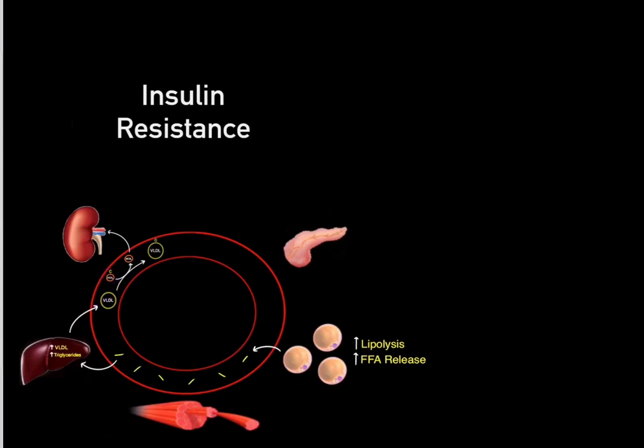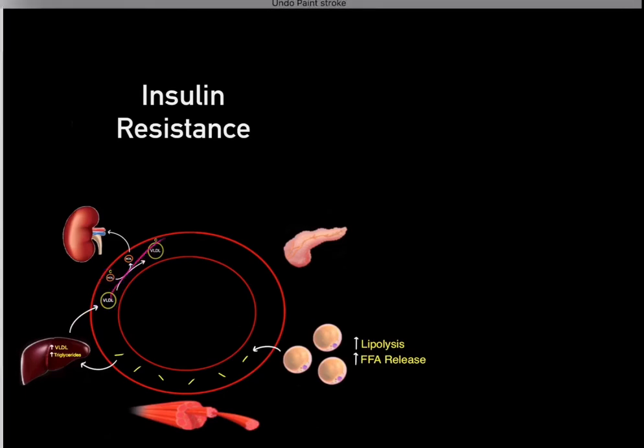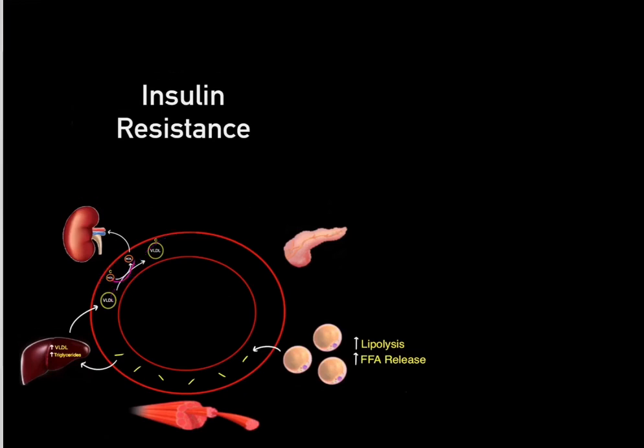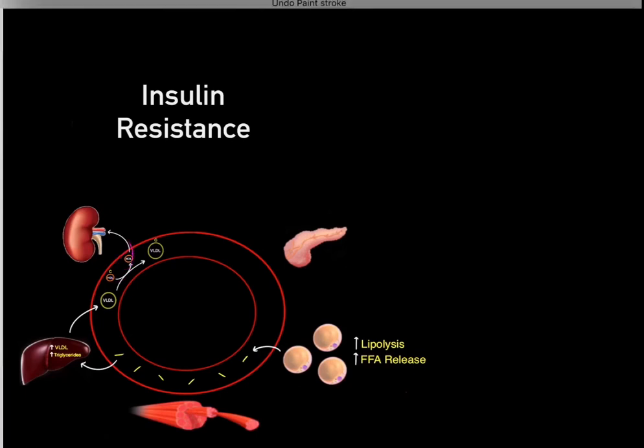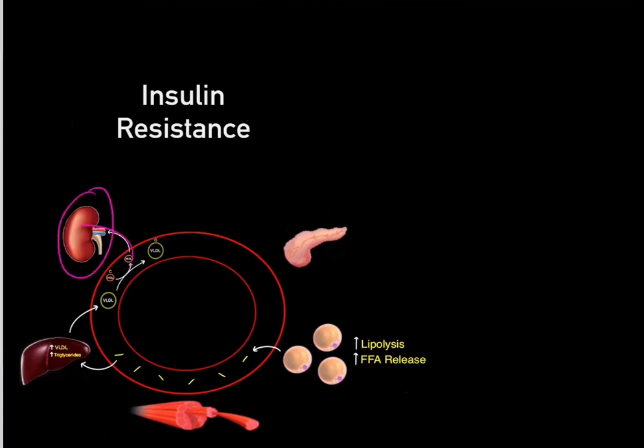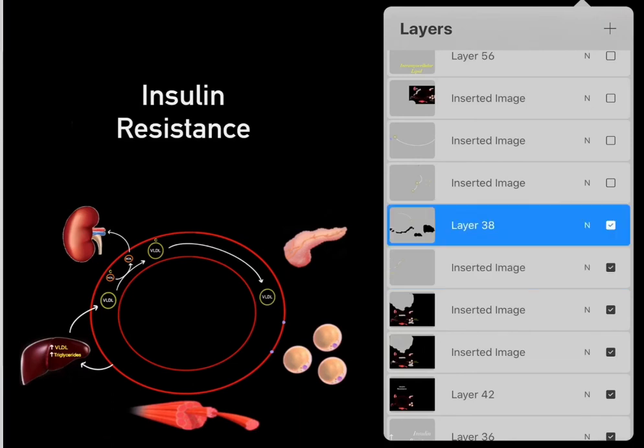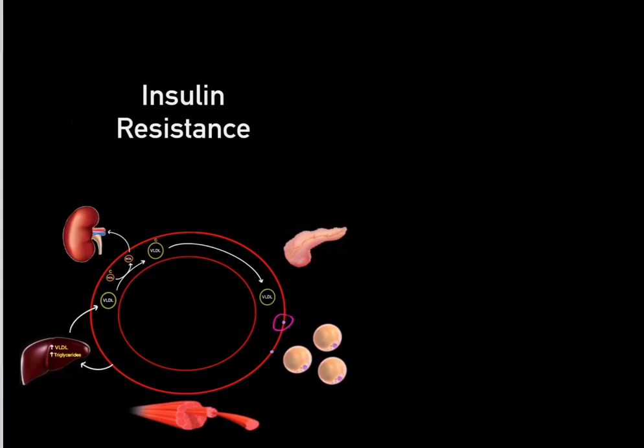Essentially what happens is these VLDL particles take away cholesterol from these HDL particles. Once we have these cholesterol-poor HDL particles, they're more prone to be cleared out by the kidneys. So this is going to lead to low levels of HDL. Now these VLDL particles are going to react with tissues that express lipoprotein lipase.